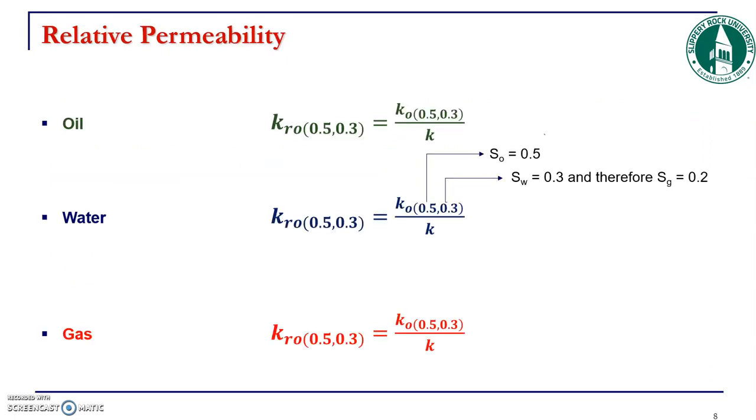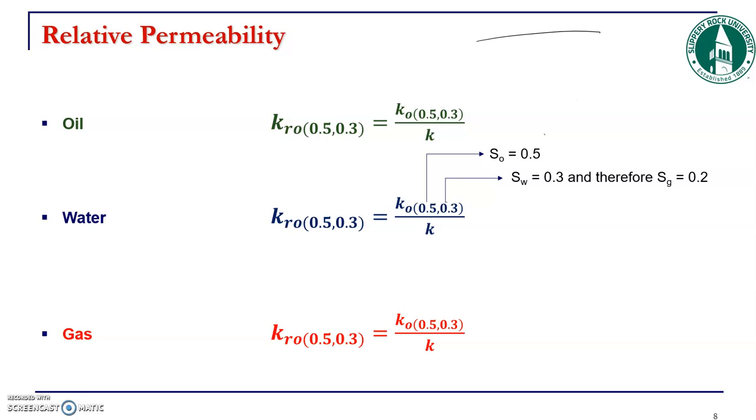Now I just mentioned that the relative permeability is a function of saturation. If you have more water inside a pore, experiments have shown that the relative permeability of the water would be higher compared to the case that you have less water.